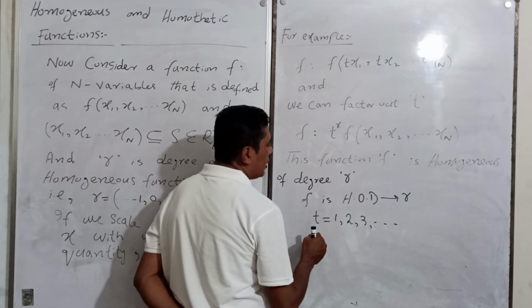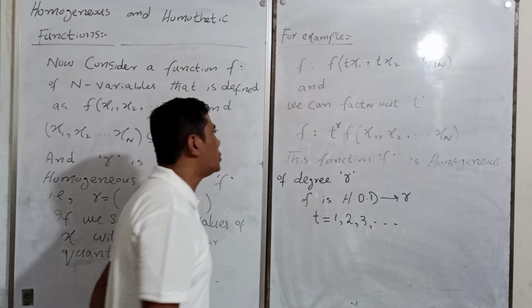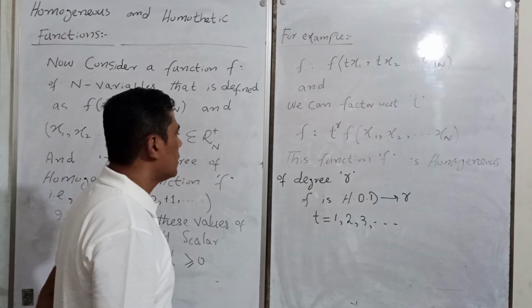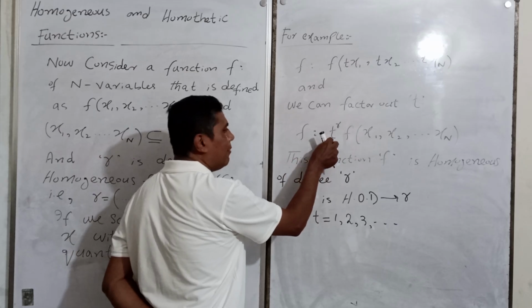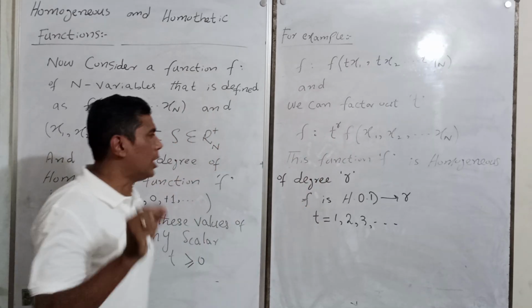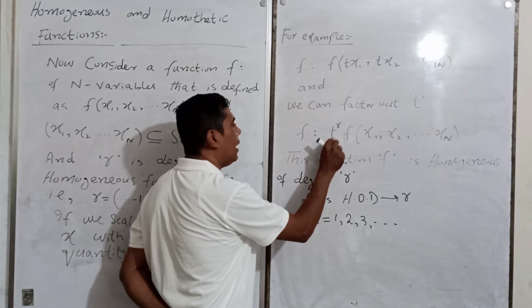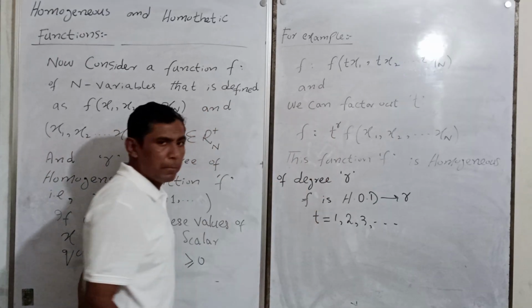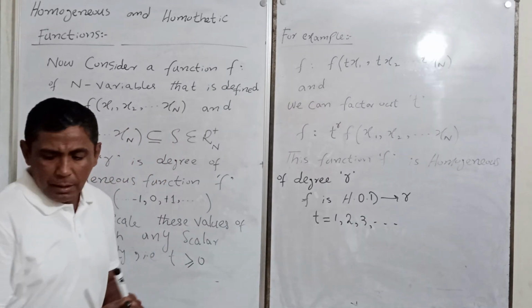Clear? So this value may be 1, 2, 3, and so on, any scalar value. If we cannot factor out this t value in this function, then this function will not be a homogeneous function. Remember.